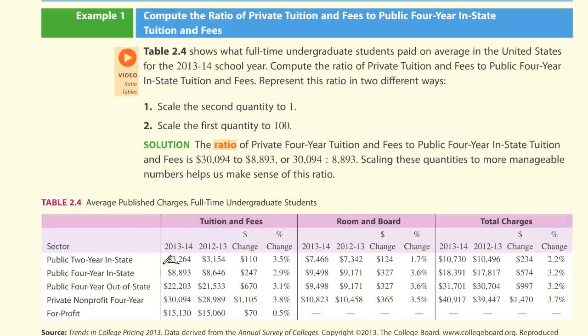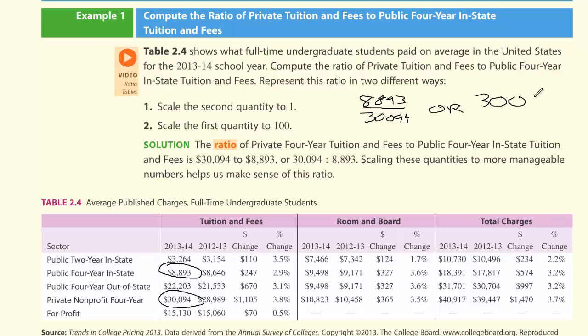So looking at this number and this number, we can set them up as two different fractions, right? 8893 over 30,094, or we can think of it as the other way around.